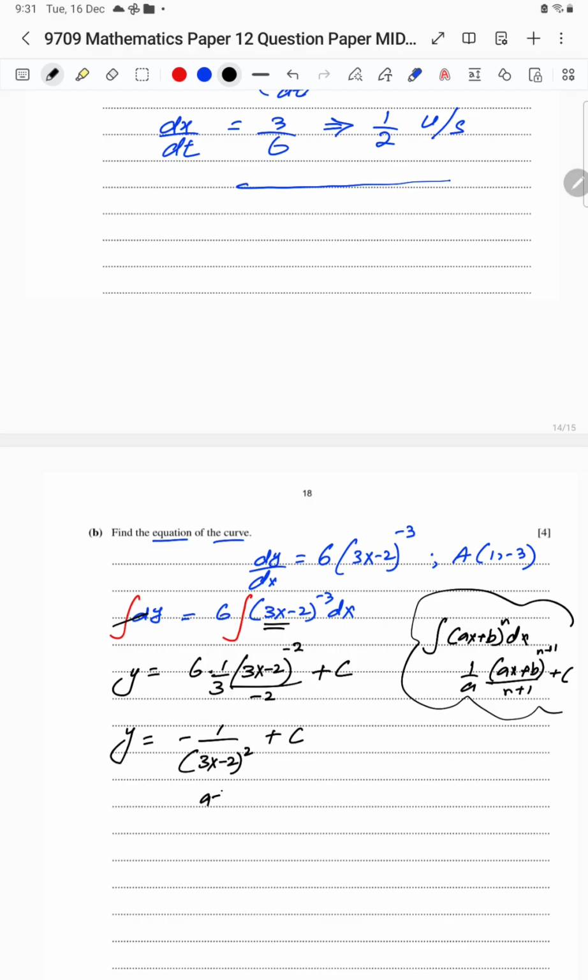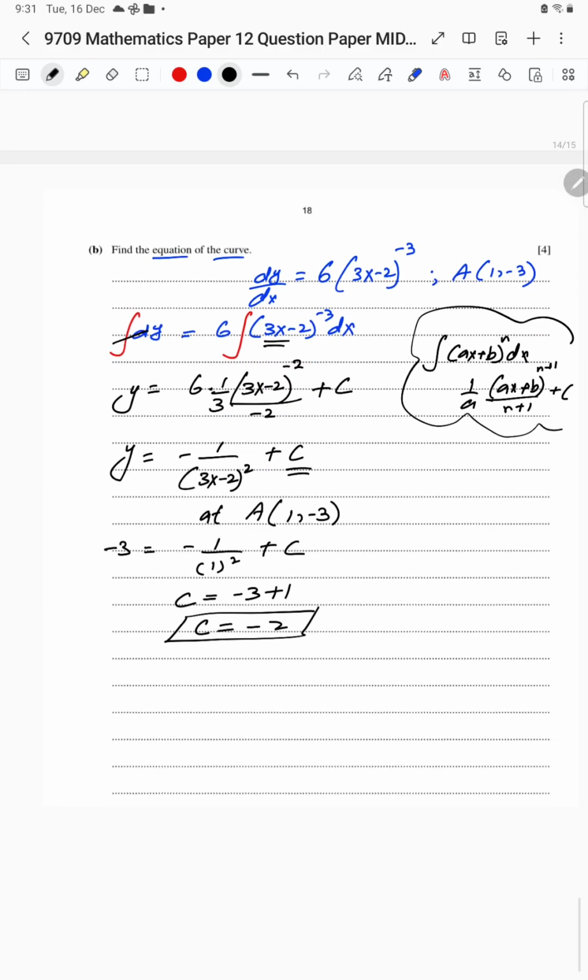Now at point A, that is lying on the curve, to find c. So minus 3 is equal to minus 1 over 1 square plus c. c will be minus 3 plus 1 is equal to minus 2.